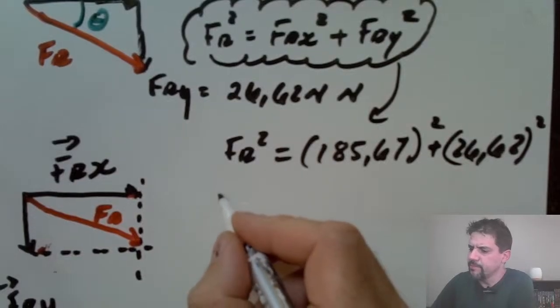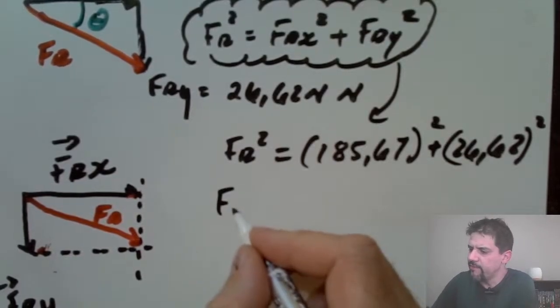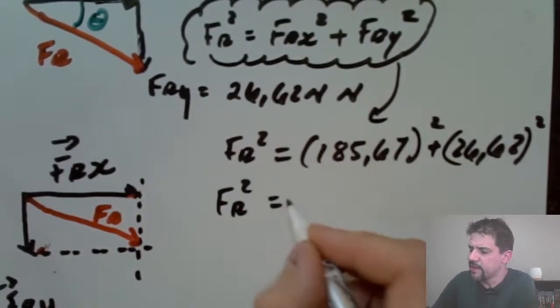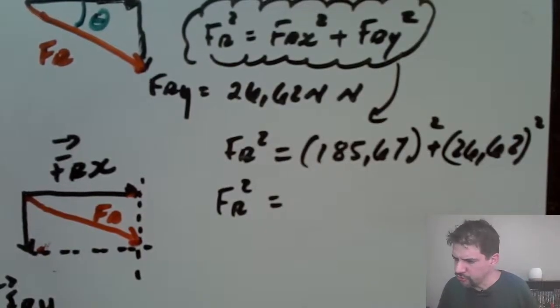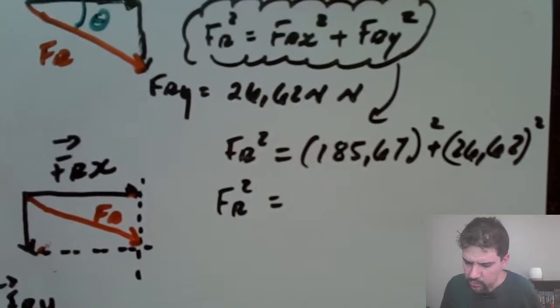And then this is just calculation of FR square. I'm going to do it step by step quickly, just for control, to show you. This one is 185,67 square plus 26,62 square, and we get that.